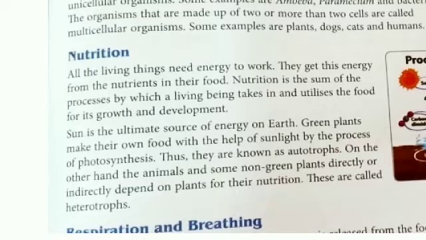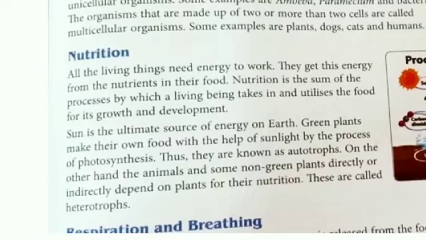Thus, they are known as autotrophs. The plants which make their own food are called autotrophs. Auto means self. They can make food by themselves. So, they are called autotrophs.